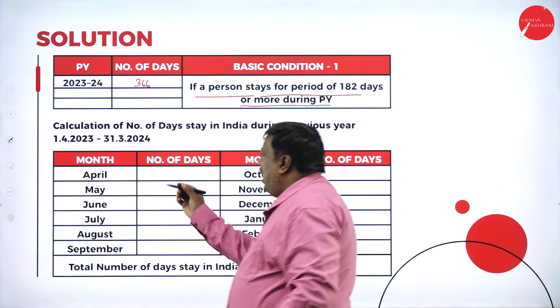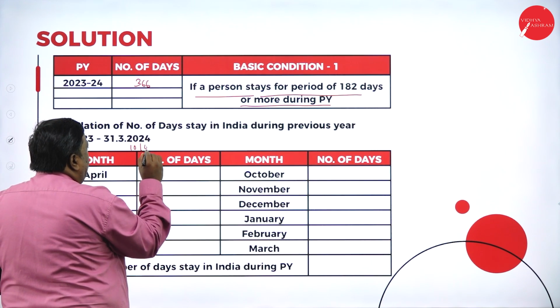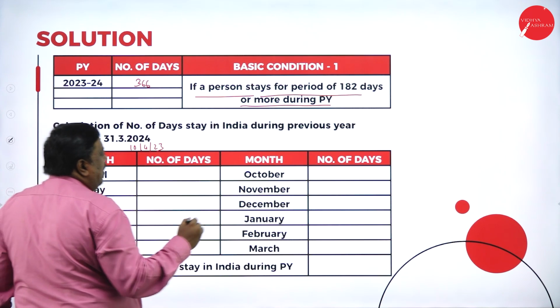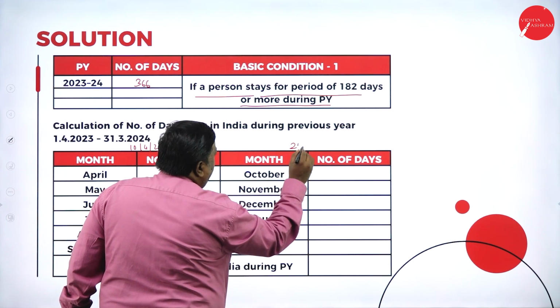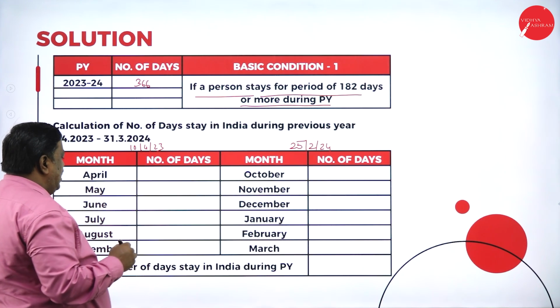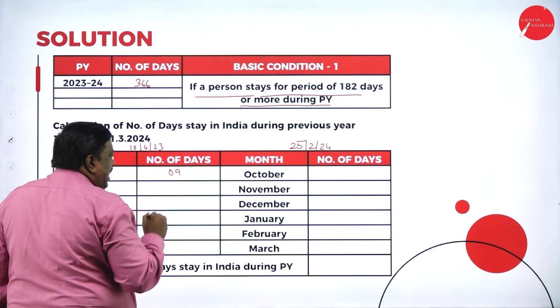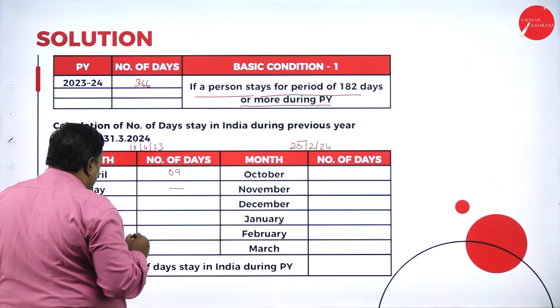Now, I left India on 10th April 2023 and returned back on 25th February 2024. Means in April, I was in India for 9 days. May, I was not in India.